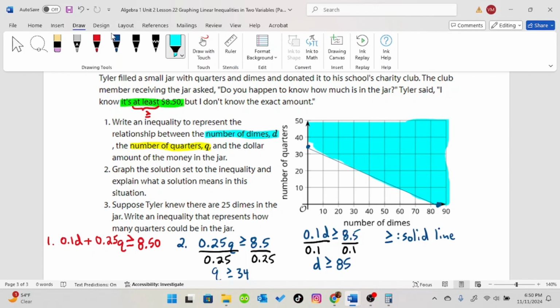This is telling us that every point on the line makes the equation true because it equals $8.50, and every point in the blue shaded area above the line makes it true because it's more than $8.50.